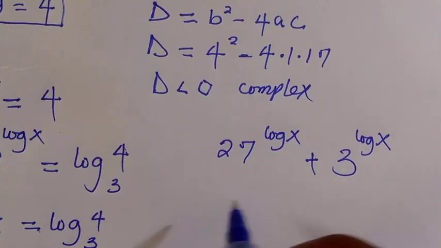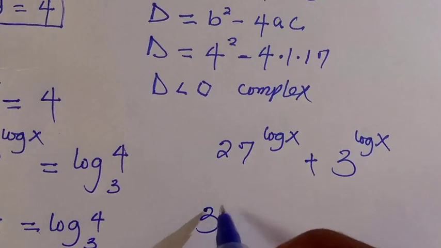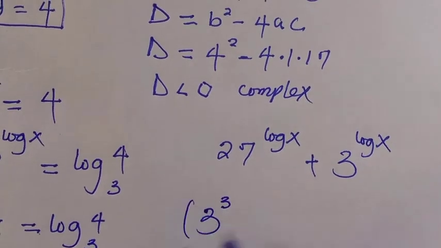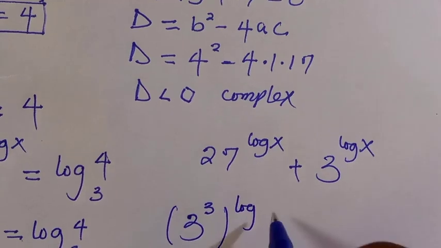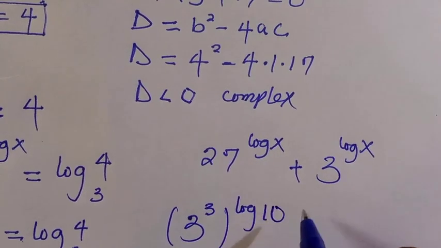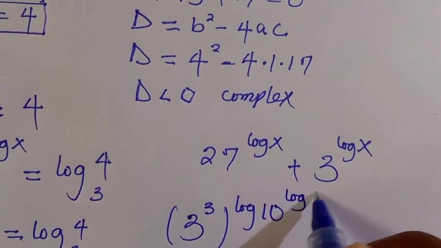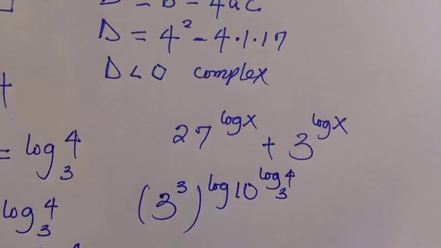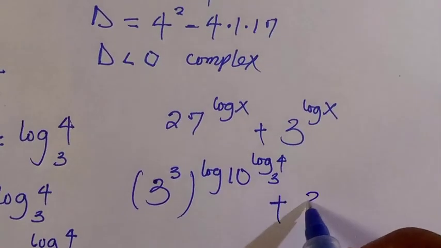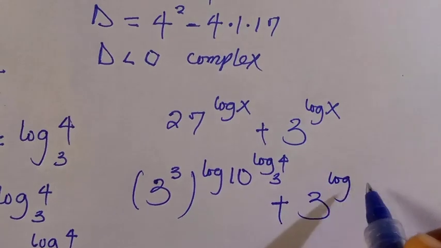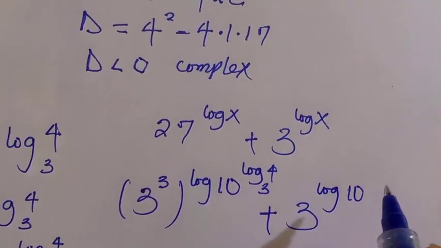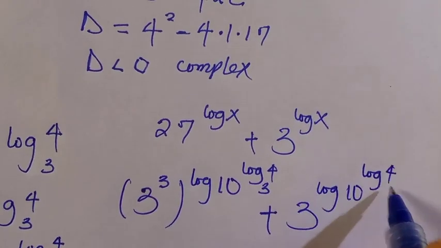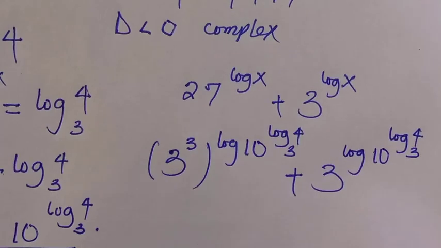Here we have 3 to the power of 3, which is 27, and the log of x, where x is 10 to the power of log 4 base 3, plus 3 to the power of log of 10 to the power of log 4 base 3.